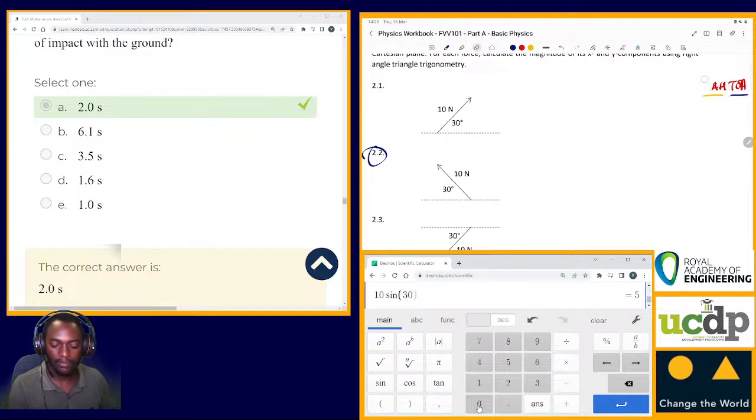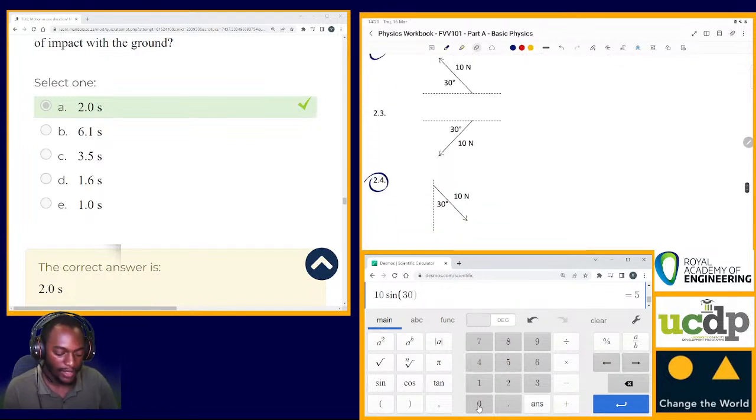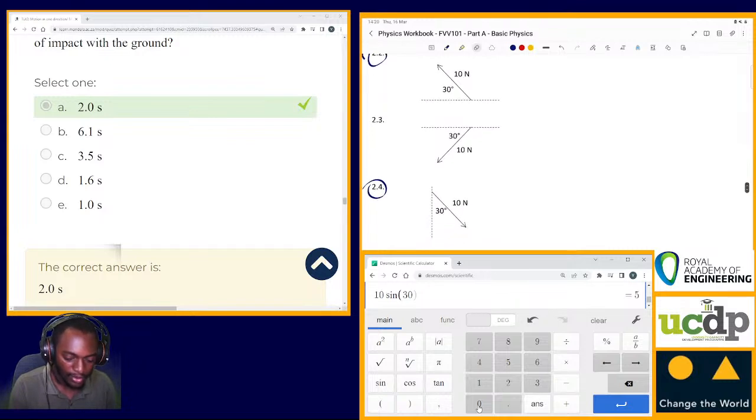So we're still looking for the magnitude of the x and y components. Okay, so we are still looking at question, now it's question 2.4.